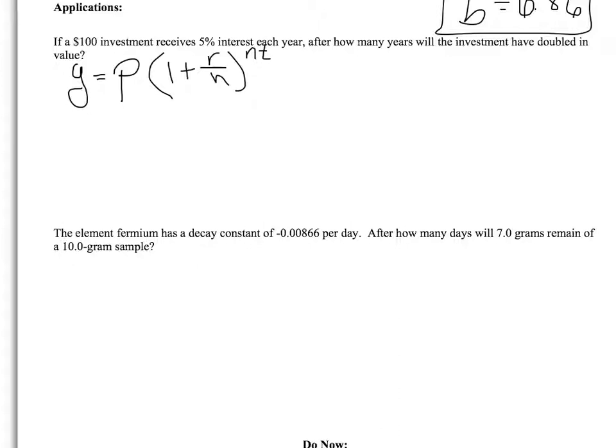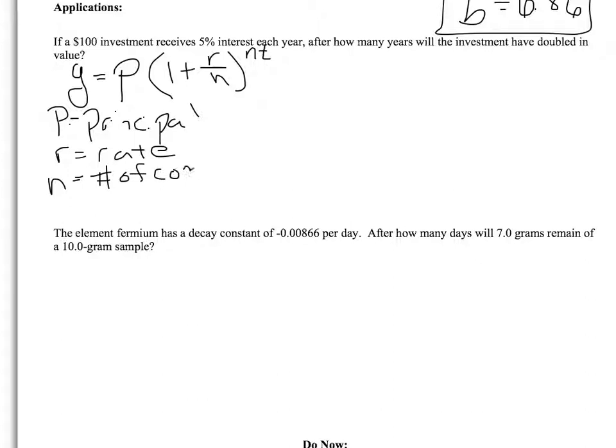P stands for the principal. R stands for the rate. N stands for number of times compounded yearly. And t stands for time.